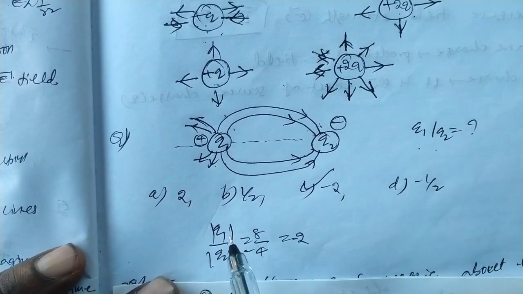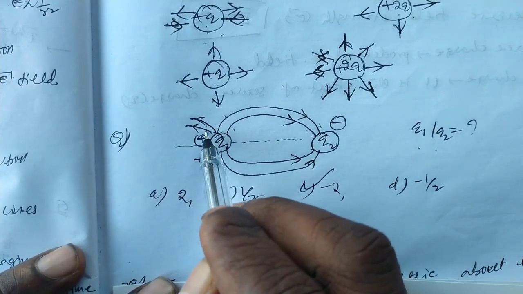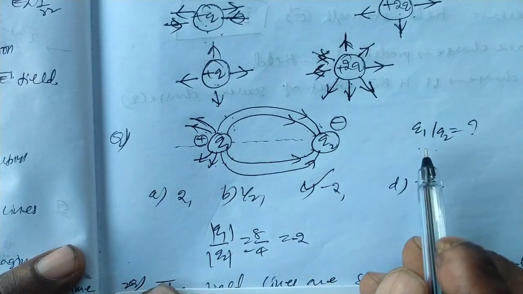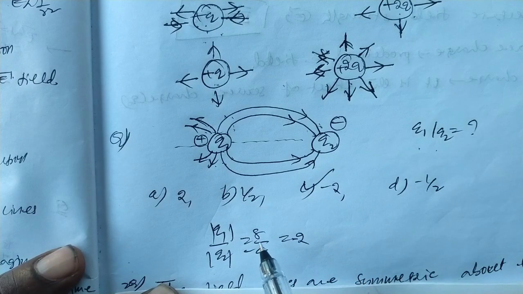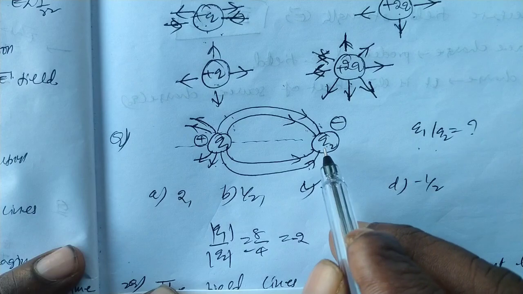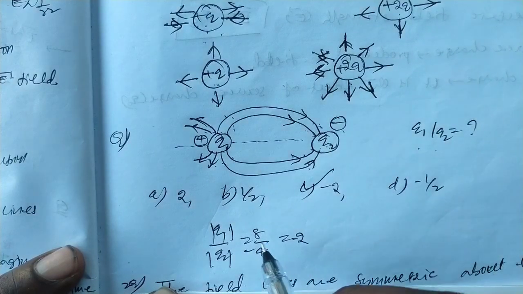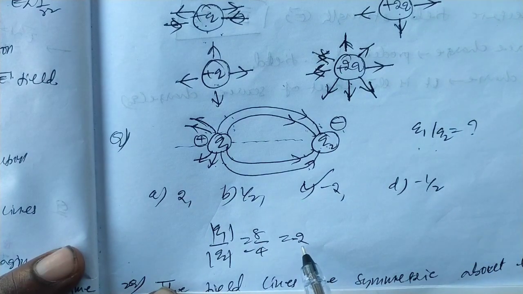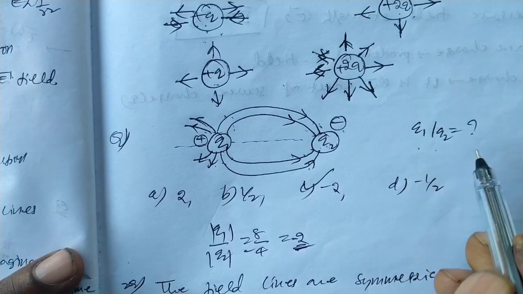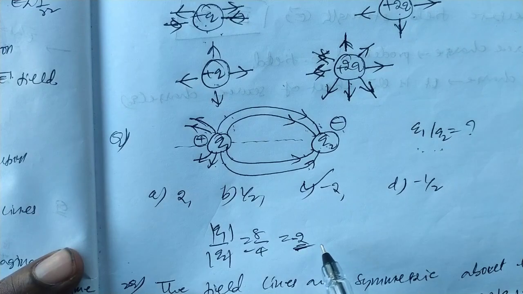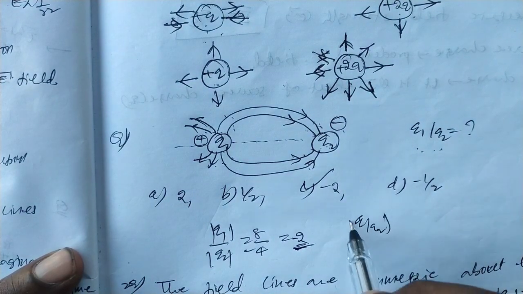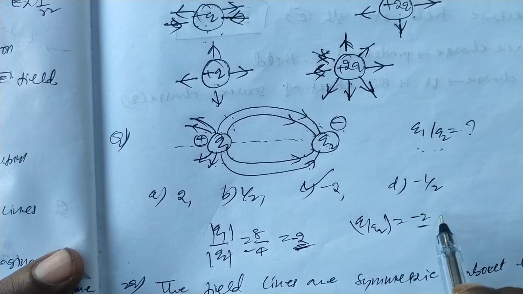Q1 has 8 lines and Q2 has 4 lines, and its charge is negative. 8 by 4 is 2. So Q1 by Q2 is equal to minus 2 coulombs.